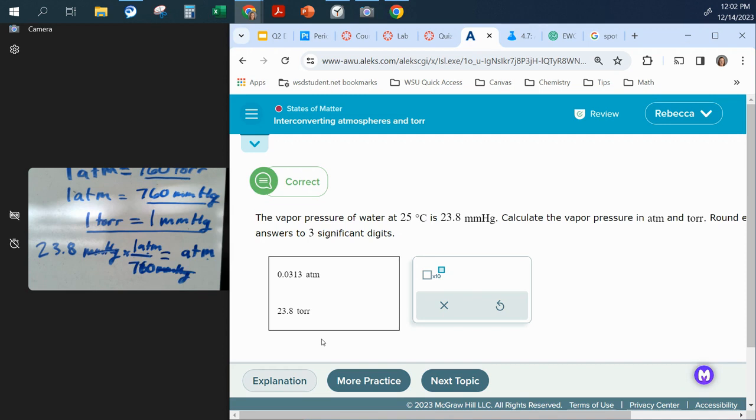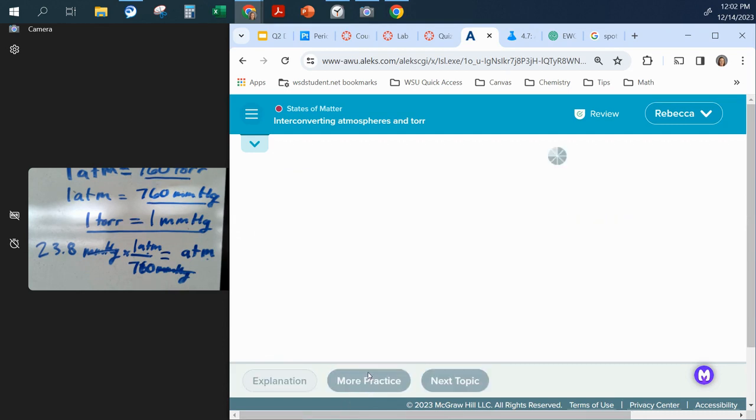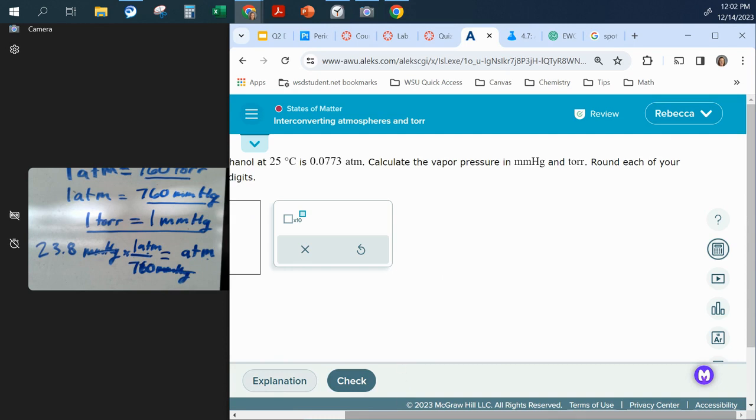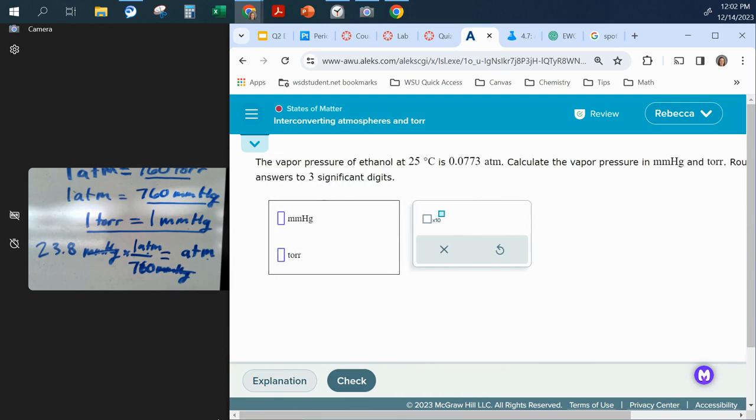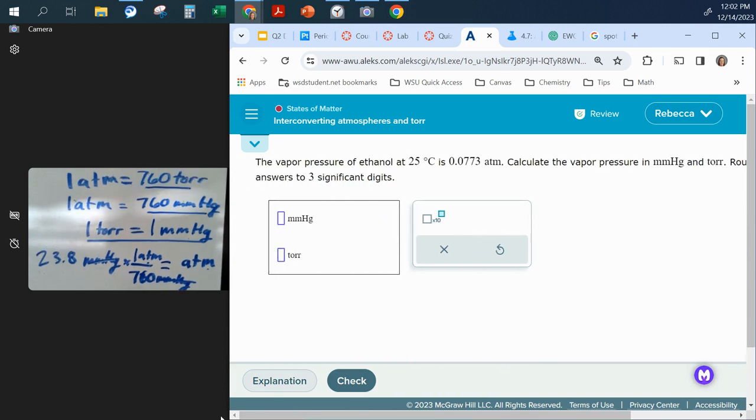Okay, you wanted to try another one? Okay. Yes, let's try again. Oh, I thought I went. Okay. What's the conversion? What atmosphere? Oh, 1 atmosphere is 760 torr.